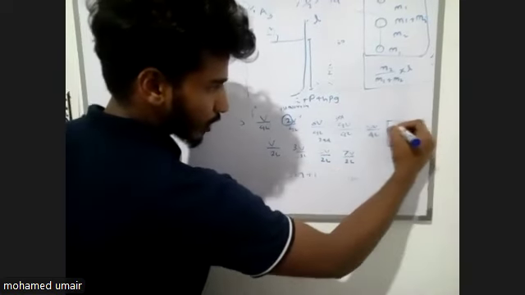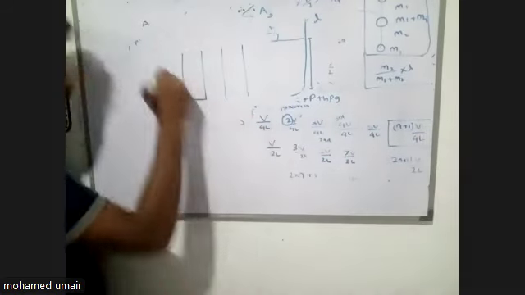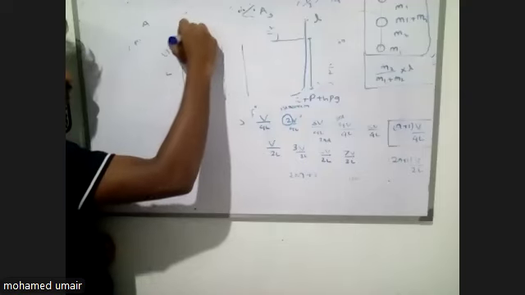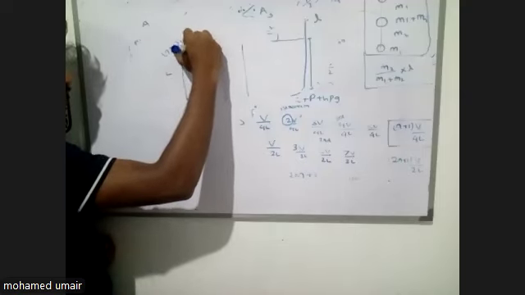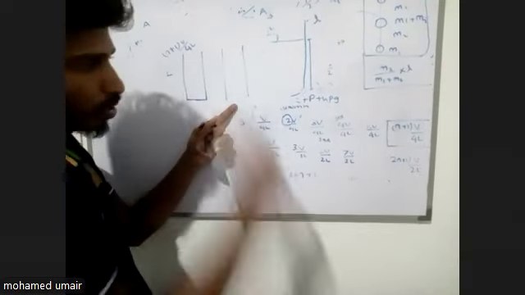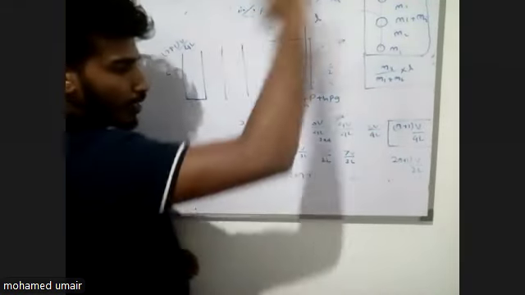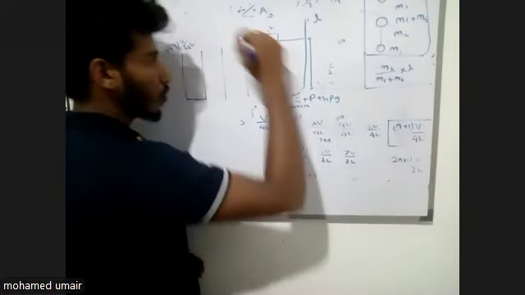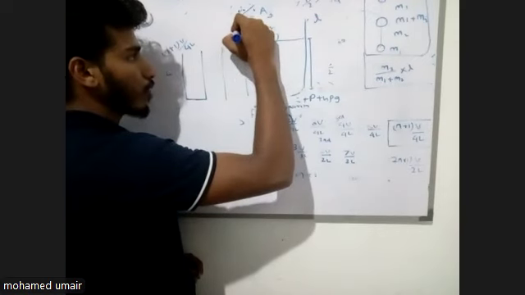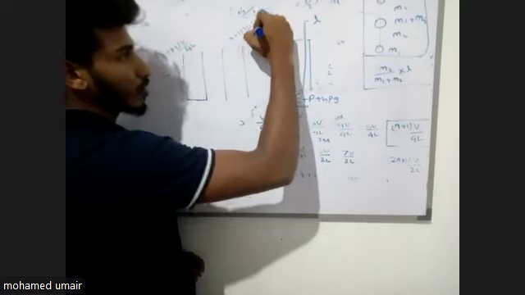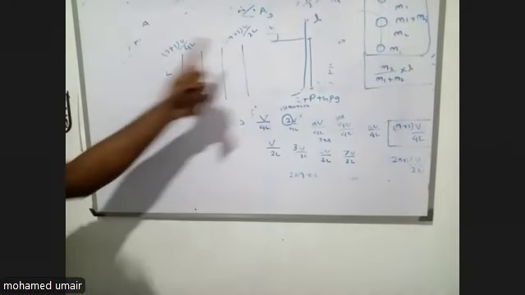The frequency is n plus 1 times V over 4L. And I'm having a both side open tube. For the nth overtone, it is 2n plus 1 times V over 2L, which is my frequency. So these are the two frequencies of the tube.